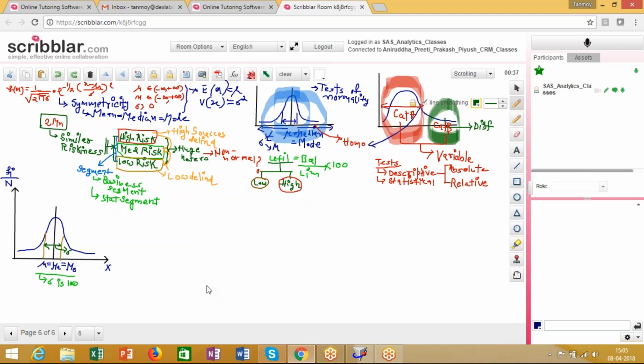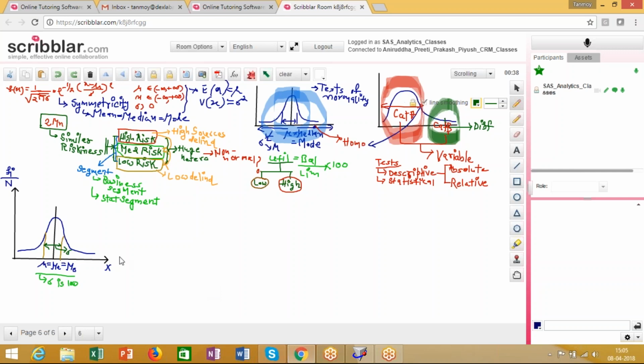Clear? Great. The next characteristic we need to look into: one is the mean equal to median equal to mode, the second is sigma. Now we come to the relative measures.